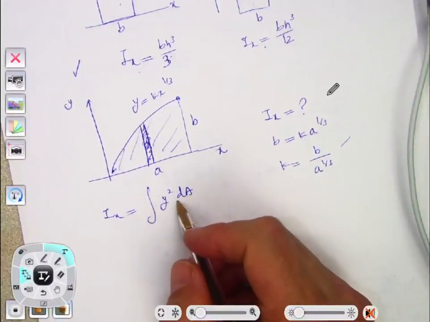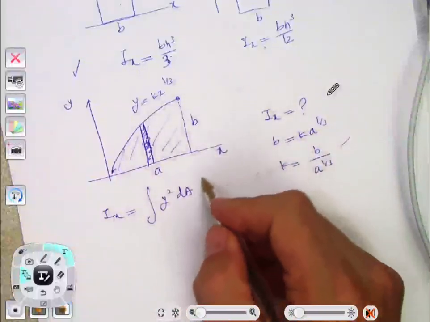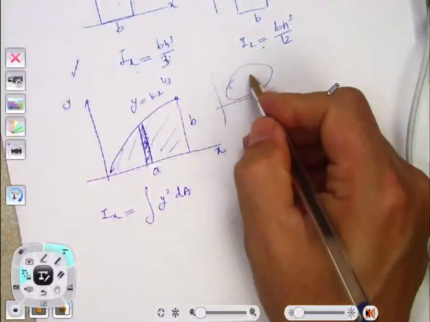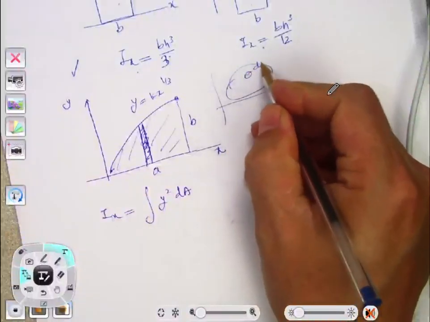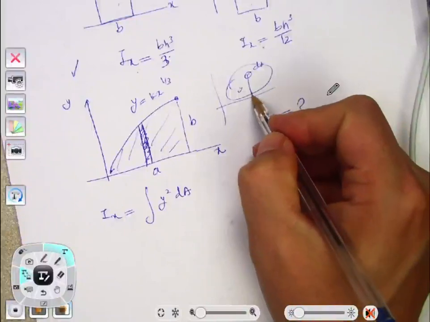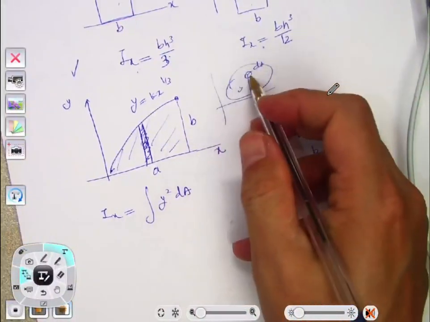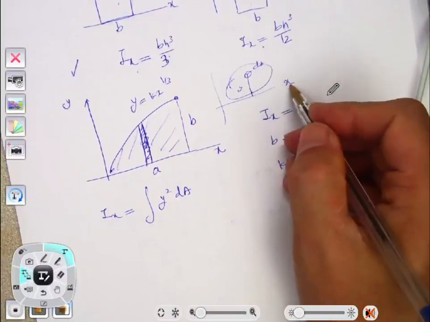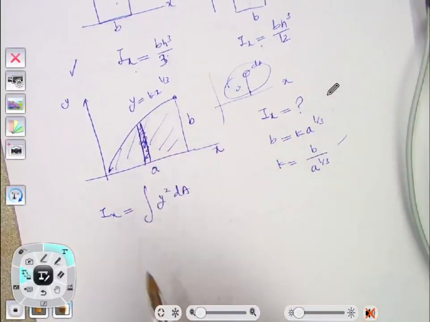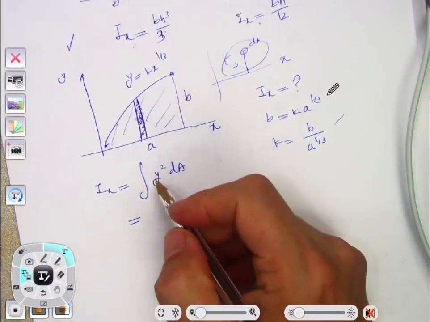Again, we always go back to the definition. For a differential element dA, with y as its distance from the x-axis, the integration of y squared dA gives me the moment of inertia about the x-axis. But by taking my differential element like this, I'm going to make the integration a bit easier.